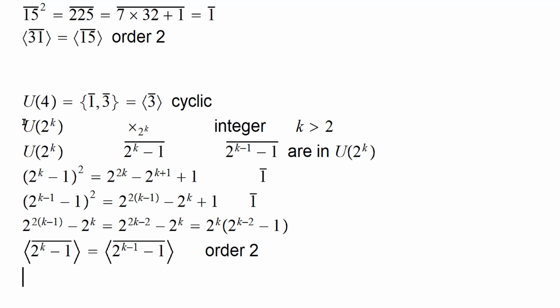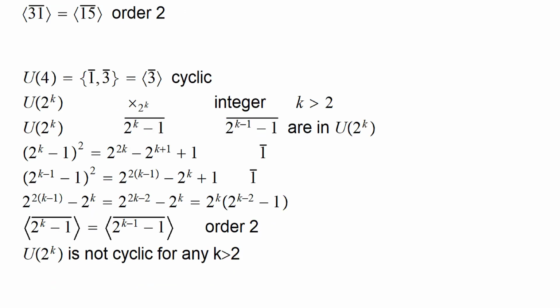So what we see is that U2K is not cyclic for any k greater than 2, all right, okay.